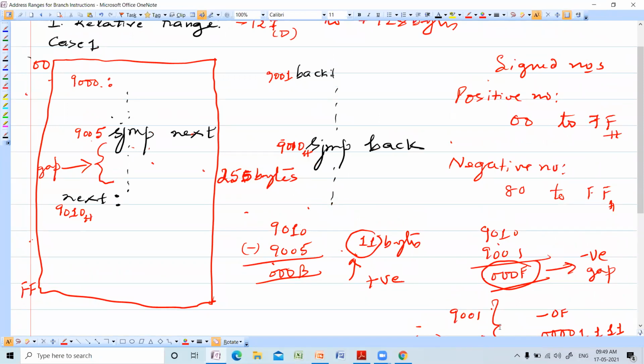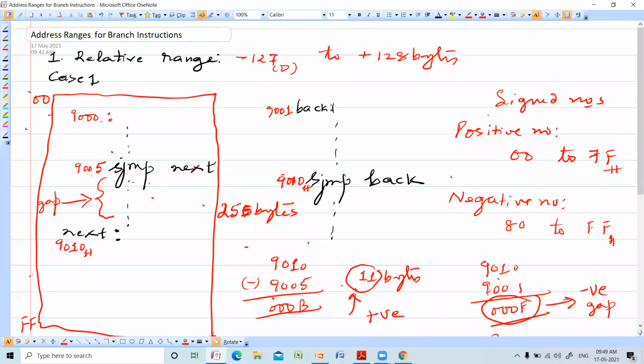That is how the jump address is computed. That is why the relative range is minus 127 decimal to plus 128 bytes. You can just say that F1 falls between minus 127D to plus 128 bytes.